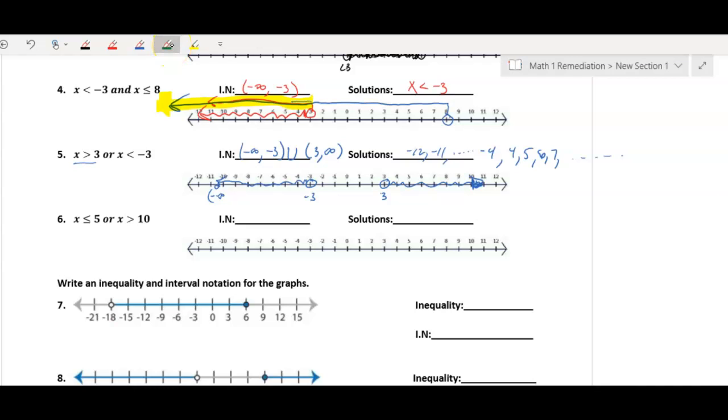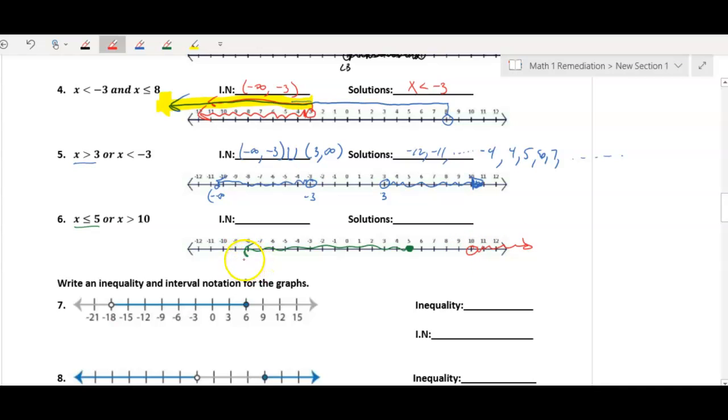Now, 6. If I want to graph this, x is less than or equal to 5. I know I'm going to go closed circle on that, and I'm going to shade left. Then I'm going to go to 10, and I'm going to shade right because x is greater than 10.